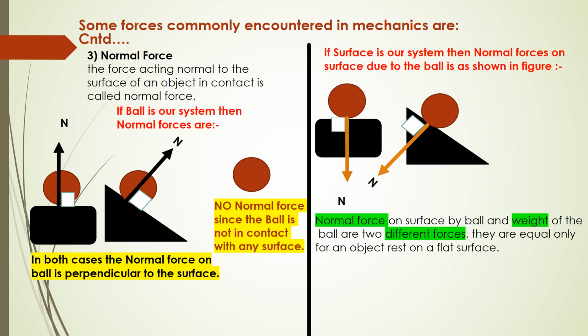They are only equal and opposite whenever they are on a flat surface. So in the case with the ball on the flat surface, the weight and the normal force would be the same. But of course, on the slanted surface, this is not the case.